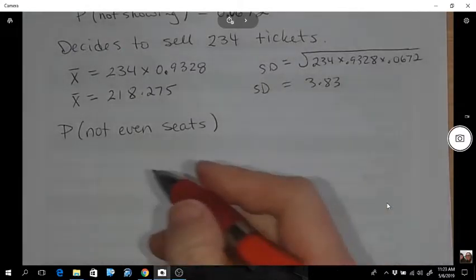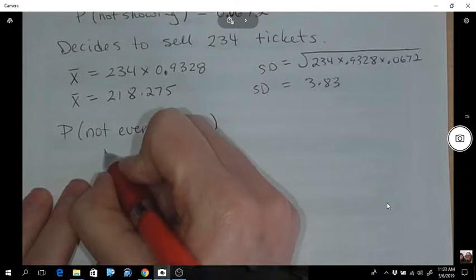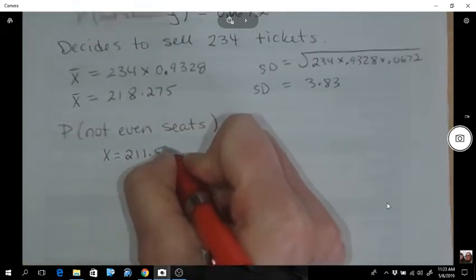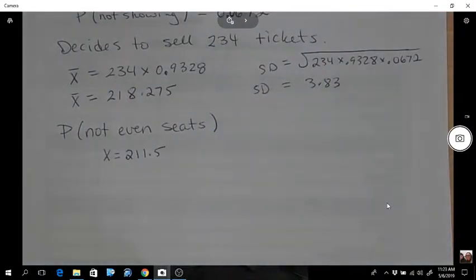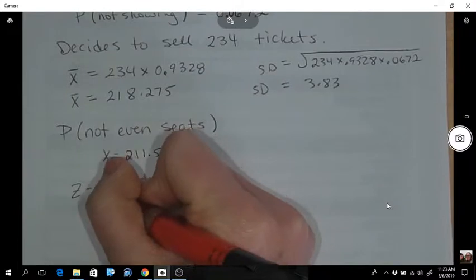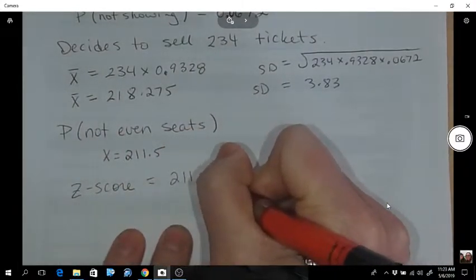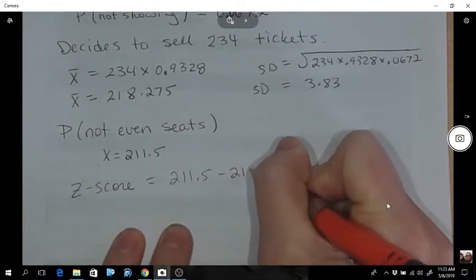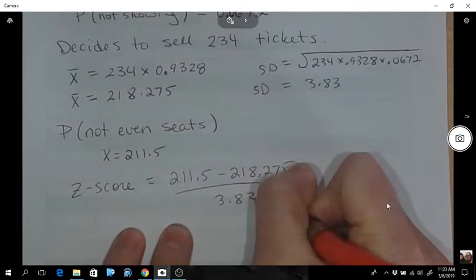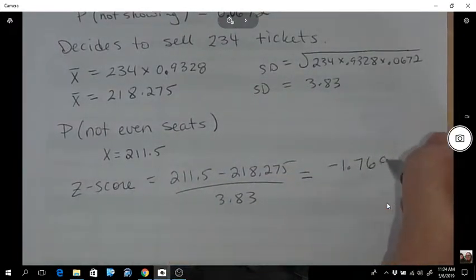So what is that? We're going to be working with our x value of 211.5 then. So 211.5, subtract the mean, divided by the standard deviation, comes out to a z-score of negative 1.769.